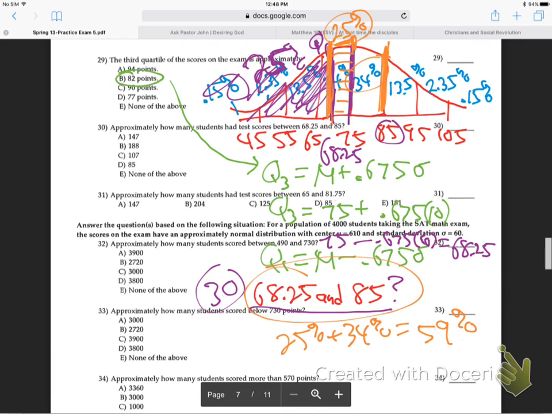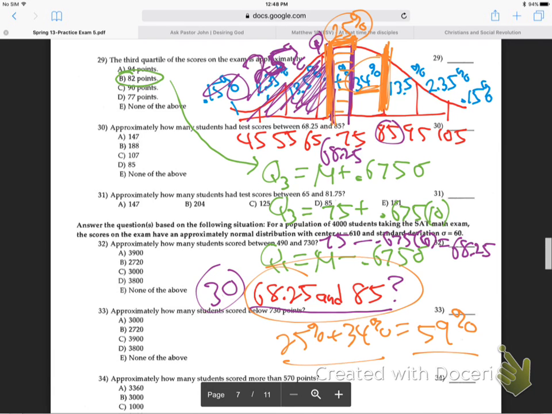We're cutting into this 34% section with Q1, so left of it is 25. From Q1 to the middle is 25, and the next section is 34. So between this and this must be 34 plus 25.